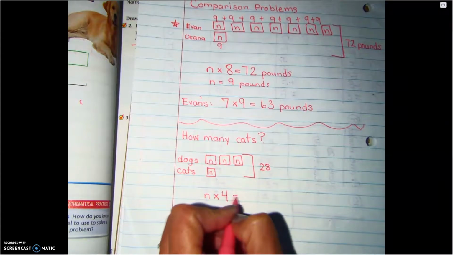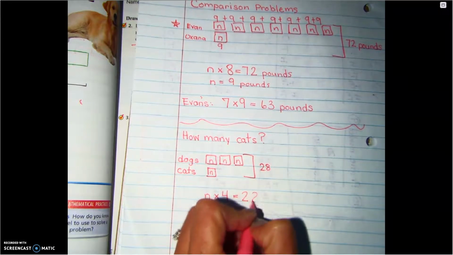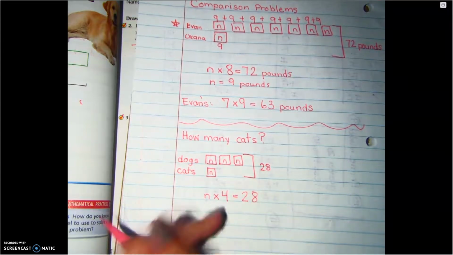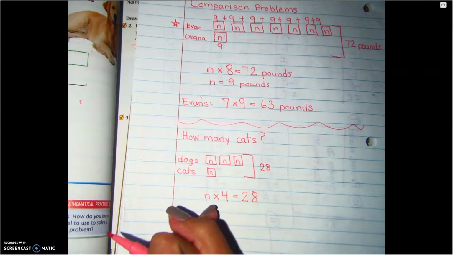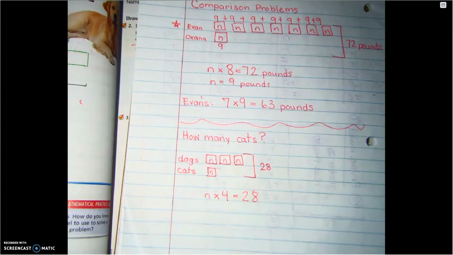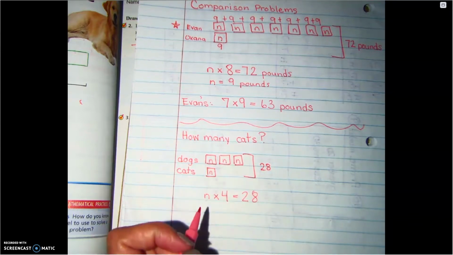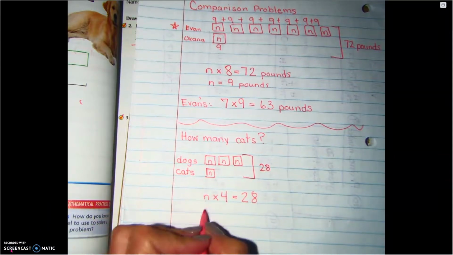All together, it's going to equal 28. So then I think to myself, what times 4 is going to give me 28? And you can use your chart. That's right. It's 7.